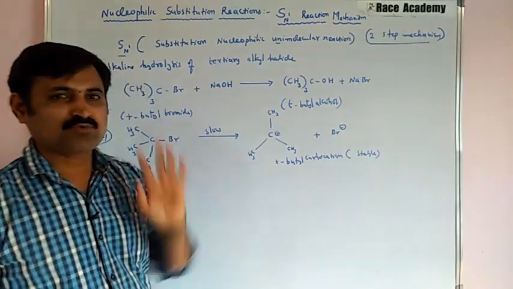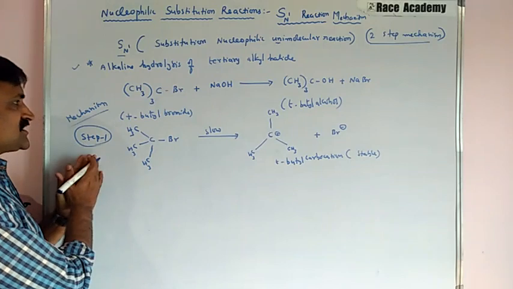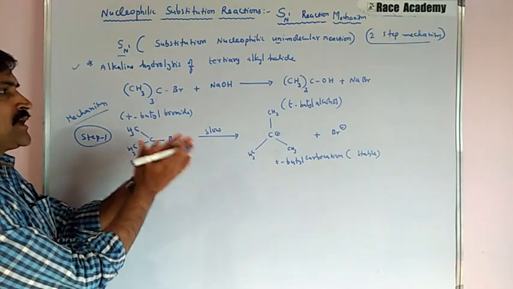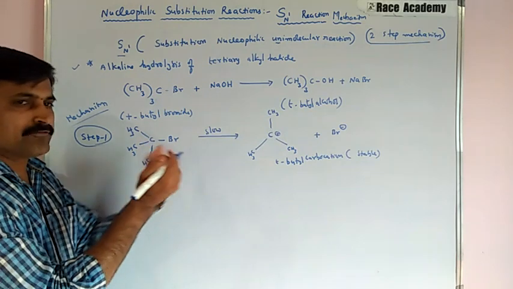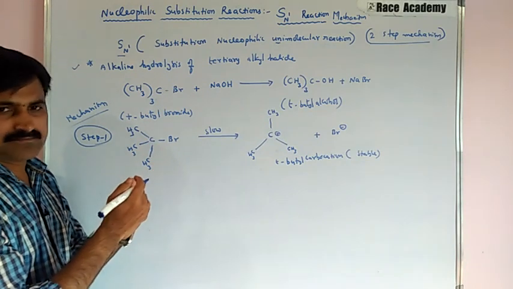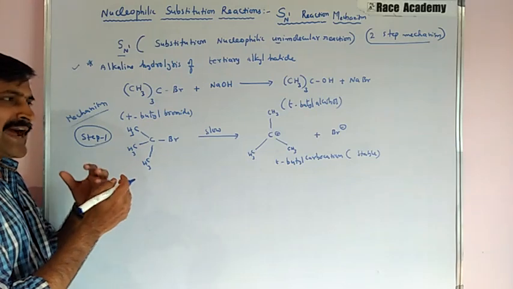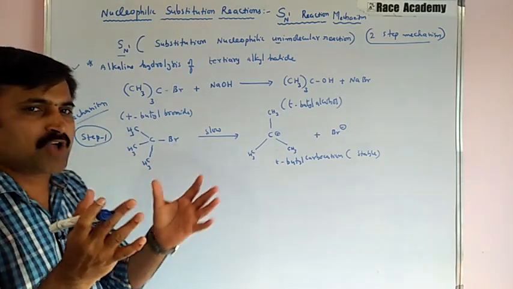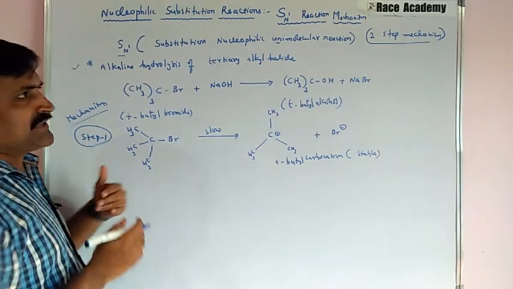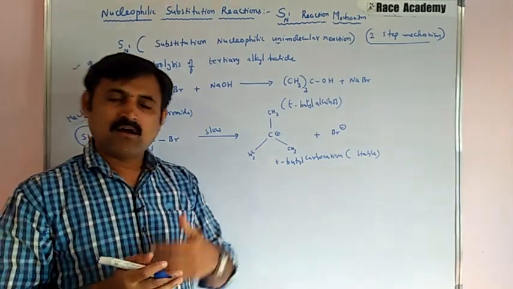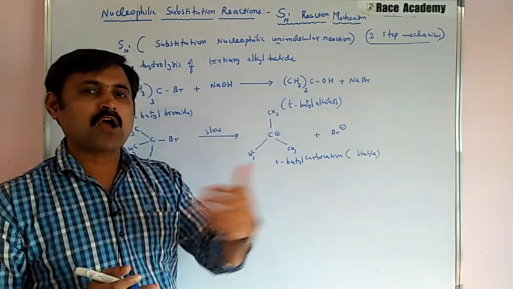So in such a case, what will happen? This stable carbocation allows the attack of the nucleophile from either side of the carbon. So that results in two types of configurations in the product, that may be retention of configuration or inversion of configuration.